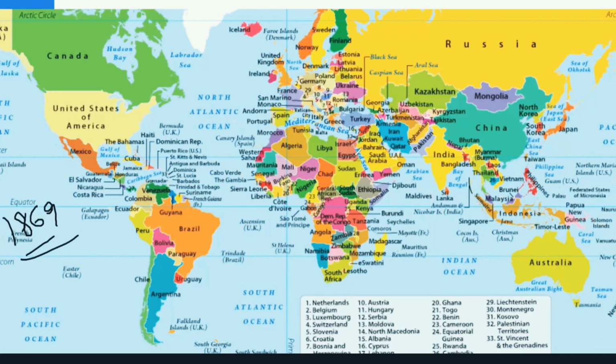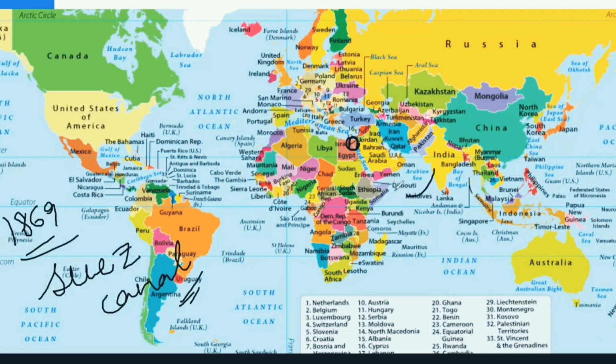But in 1869, there is a canal. There is a famous canal just located here, the place where I'm marking. Here they have opened the route. And what is the name of this canal? This canal name is Suez Canal. Okay, now why is this beneficial for us?